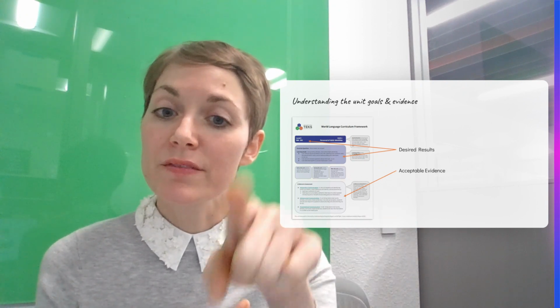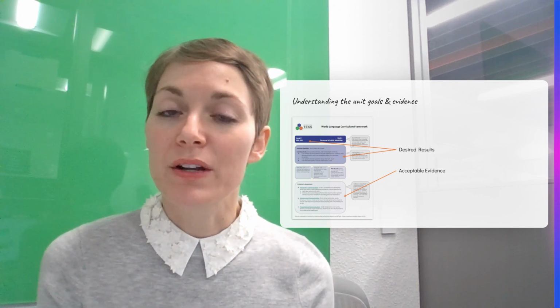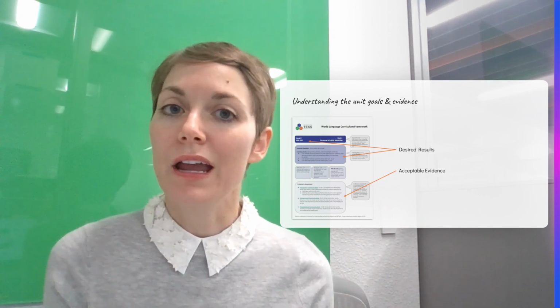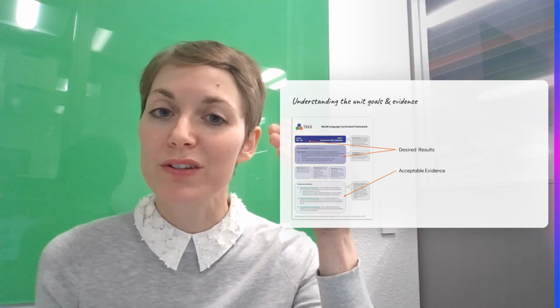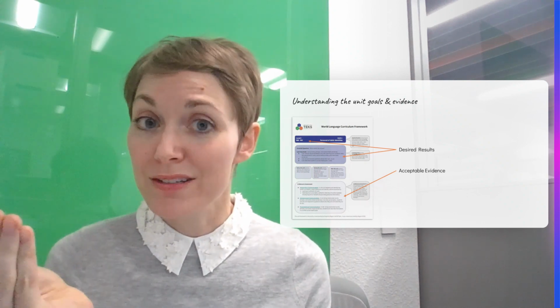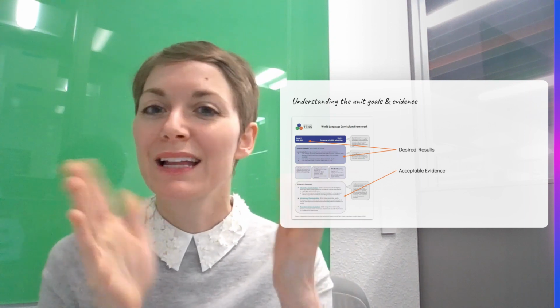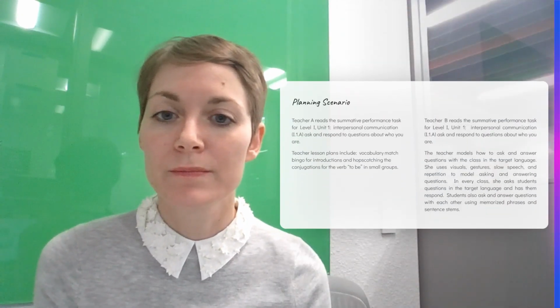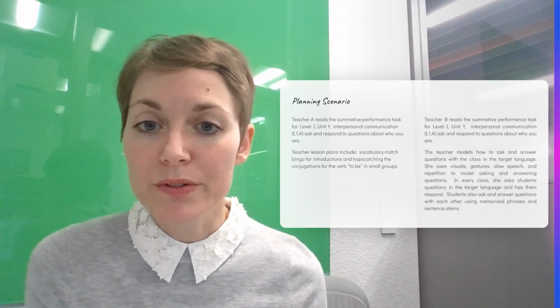The acceptable evidence of that is labeled clearly in the unit document on those summative tasks. So if I don't understand my TEKS and what the desired results, which are the performance level, and the acceptable evidence, which is kids doing the TEKS, then I'm probably not really going to deeply understand my unit document.